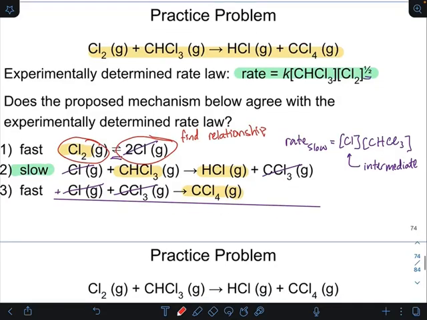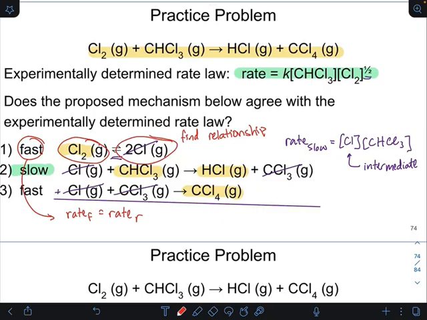So what I can do is I know that if a reaction is at equilibrium, and this is something we will review, that for this fast step, the rate of the forward reaction is equal to the rate of the reverse reaction. That's what it means to be in equilibrium.